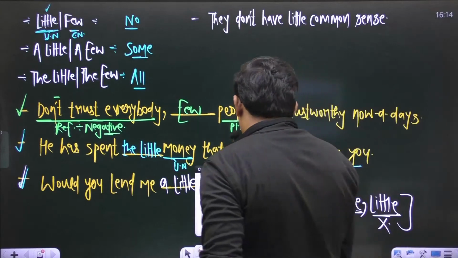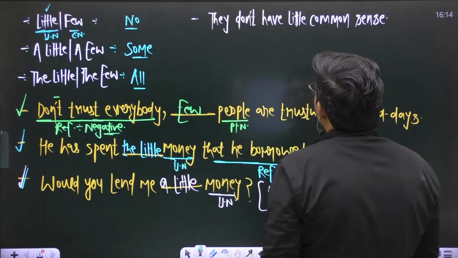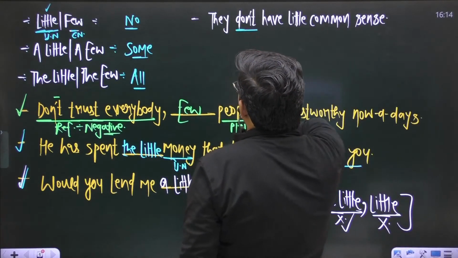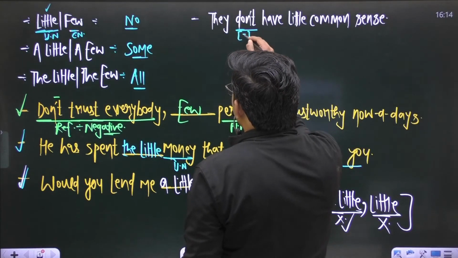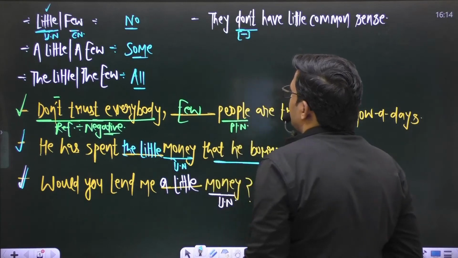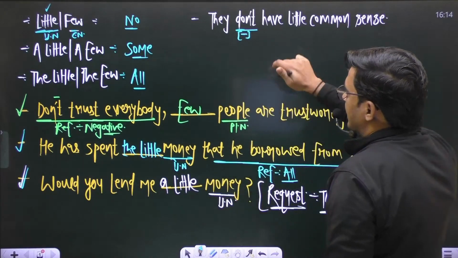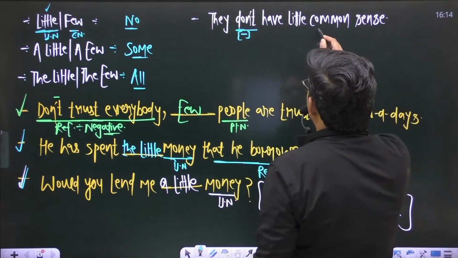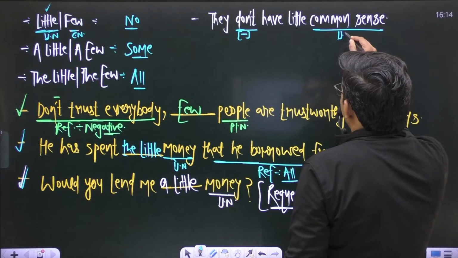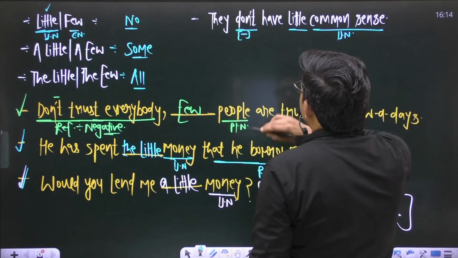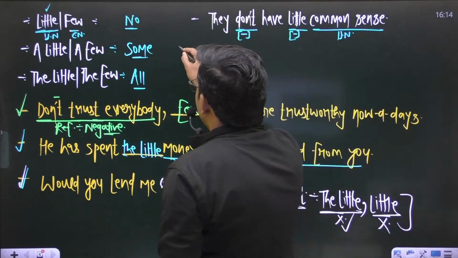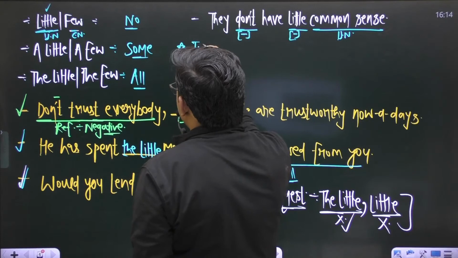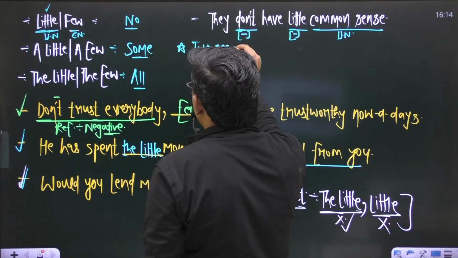If you observe this sentence, you know it very well. This word "don't" shows a negative sense; it is used to make a sentence negative. And before this uncountable noun, common sense, you have a determiner, and this determiner is also used in a negative sense. The concept is that two negatives can't be used together in a sentence.